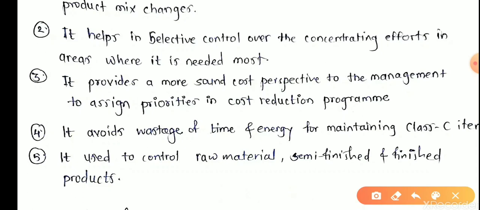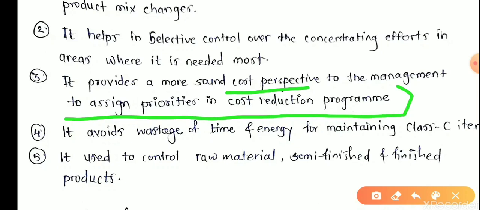We are focusing more on these items to reduce their purchase cost, manufacturing cost, or finding some other alternatives to reduce the major cost on these A and B items or A items. We are searching for other alternatives and trying to minimize our inventory cost from A items. It provides the cost perspective to assign priorities in cost reduction programs.